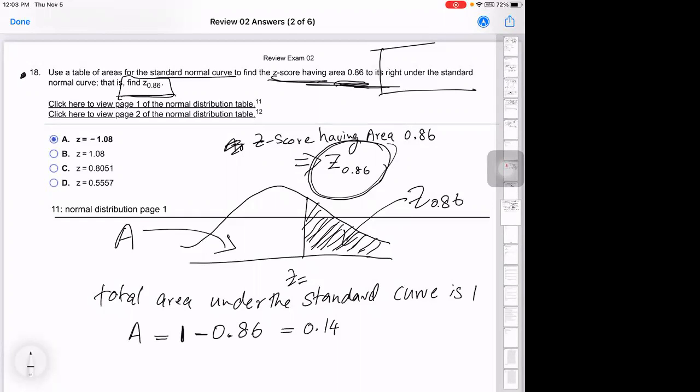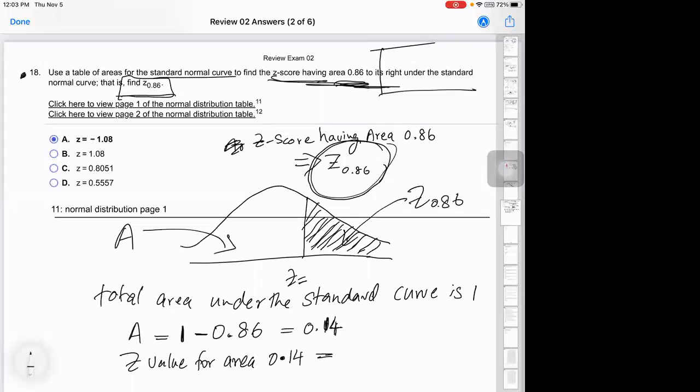Now you know the area A is 0.14. Go to the C table and find the C value which belongs to area 0.14.